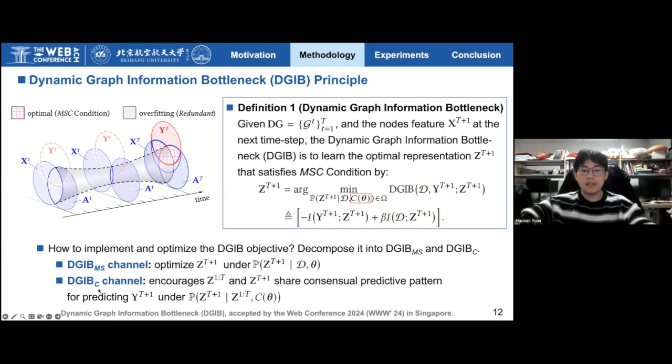The second, DGIB C channel, encourages Z from 1 to T and Z at T to share the consensual predictive patterns for predicting the final Y, under the constraint of P conditioned by Z from 1 to T and the C theta, where the C theta constraint is the consensual condition acting on the parameter searching space of P. So the two channels jointly satisfy the overall MSA condition and the final DGIB target.